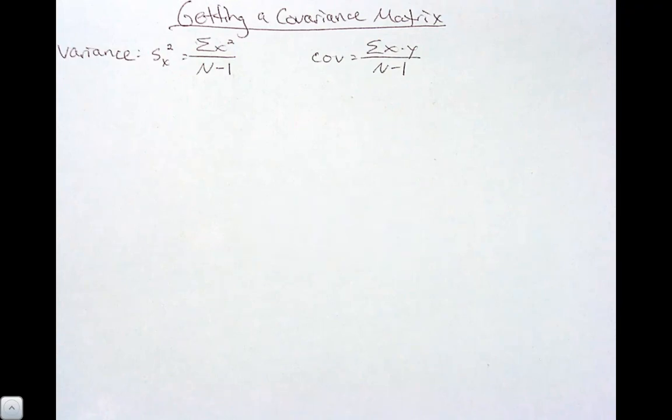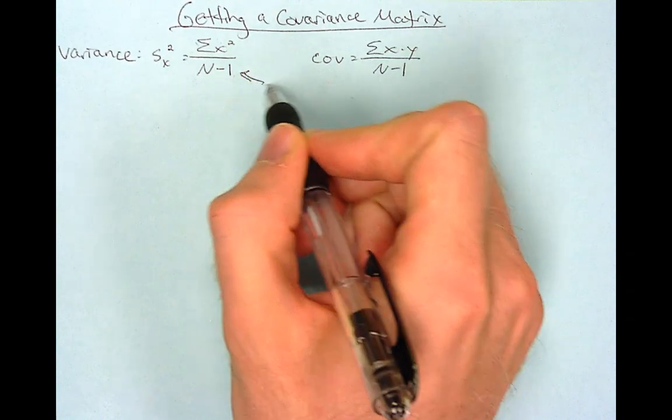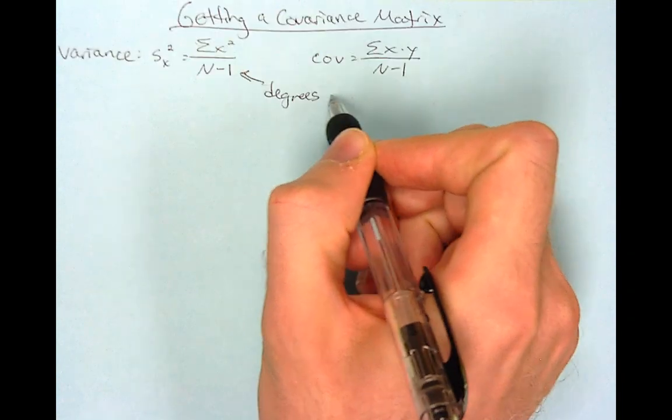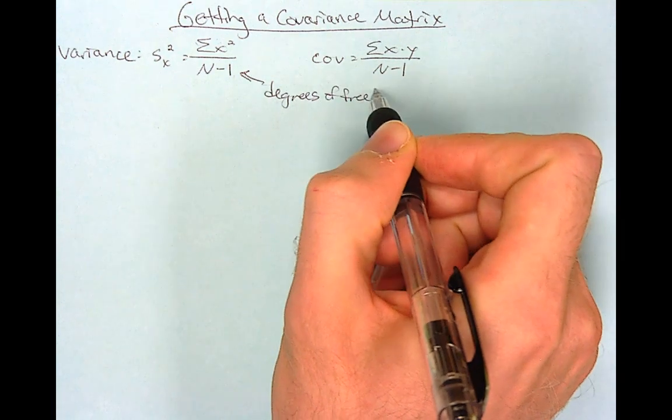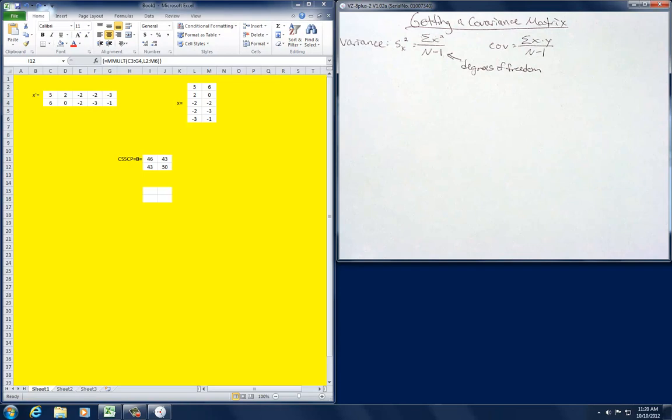Now, this n minus 1 is the degrees of freedom. So in our previous example, let's go back here. We had two variables, right, and each one had five observations.